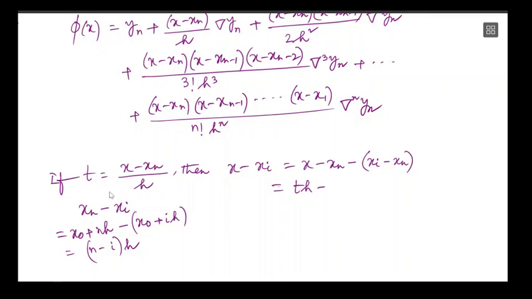So xi minus xn will be i minus n times h.